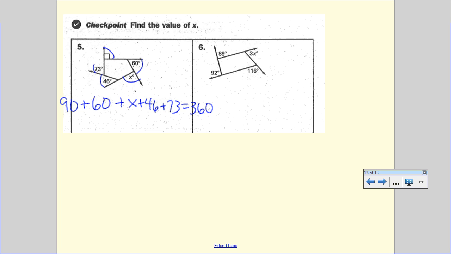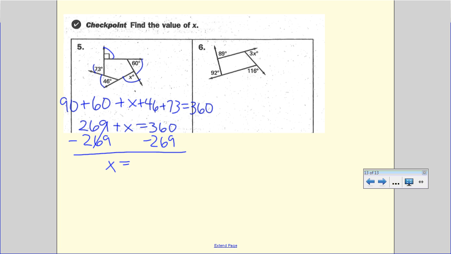So if I take 90 plus 60 plus 46 plus 73, that is equal to 269, plus x is equal to 360. We subtract the 269 from each side. So if we do 360 minus 269, we get 91 degrees.